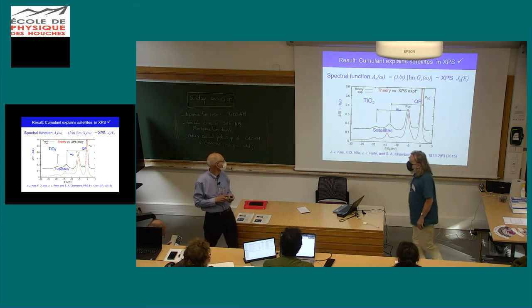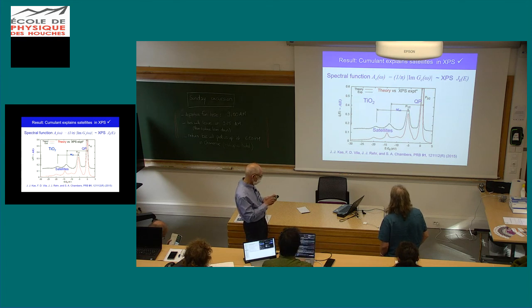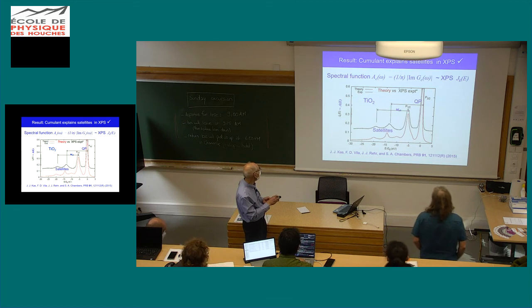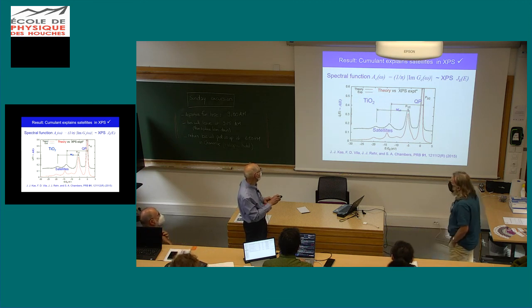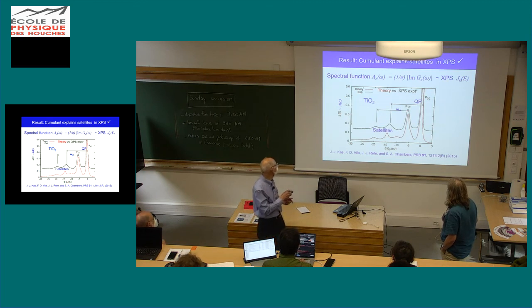Any idea what it could come from? Well, this was an early calculation. This is 2015. It may be gone by now. When you do a better job, you also get the surface states in here. Maybe this is a surface. I'm not sure. We should look at it. We have more recent papers that perhaps do a better job on this.